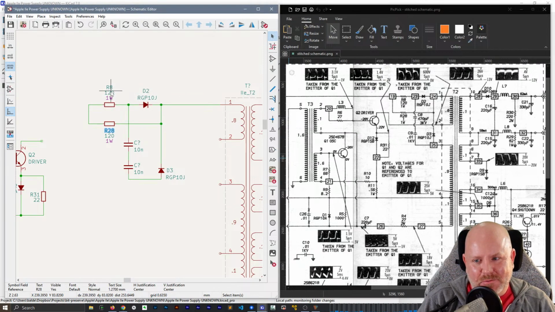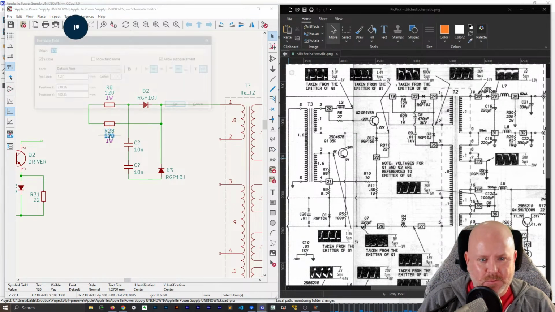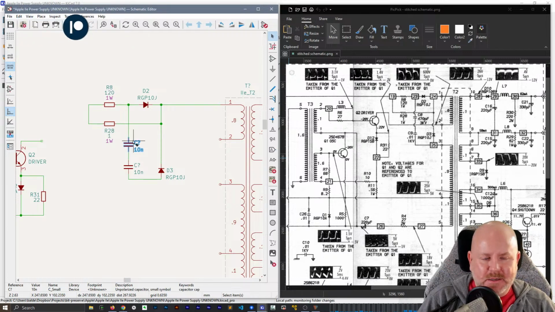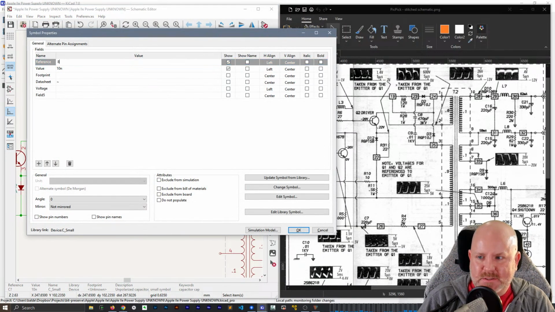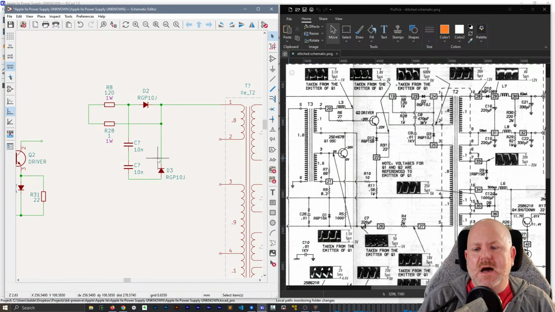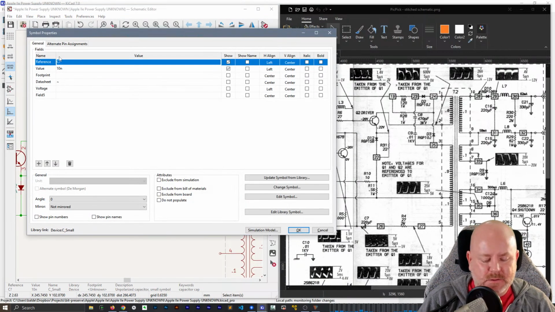All right, so R8's a 121 ohm, 1 watt. R28 is a 1 ohm, 1 watt. D2 is an RGP10J. This capacitor is a C8. Why? C8, no, oh, I know what's going on.